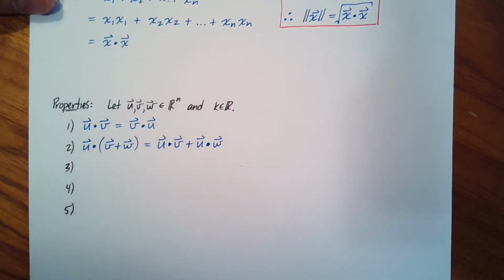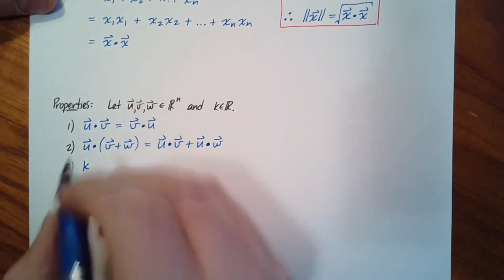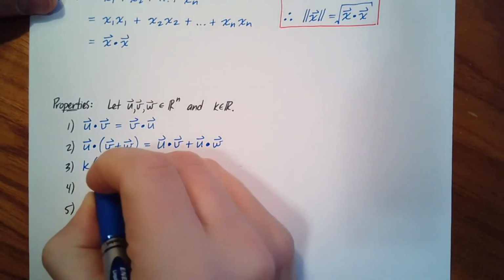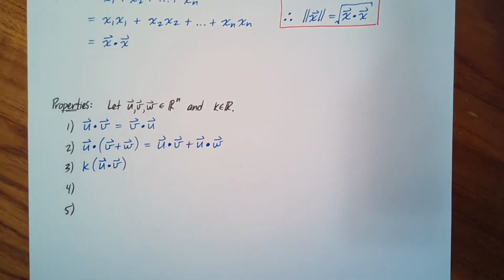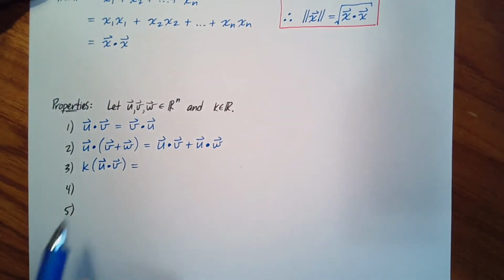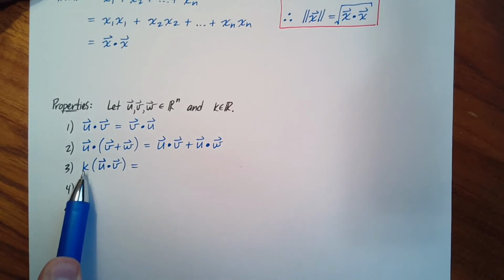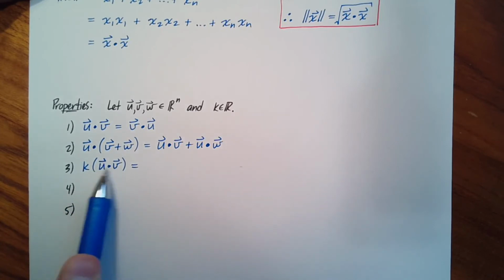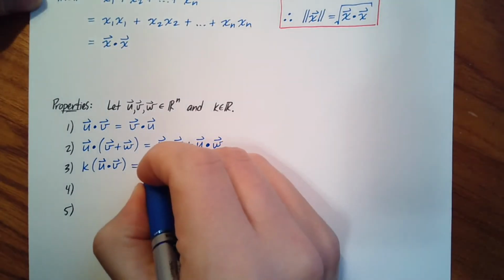The third property says the following: if I take the scalar k and I multiply it by the dot product of u and v, it turns out there are two alternative ways that I can calculate this. Instead of taking the dot product of u and v first and then multiplying the result by k, I can actually take the k and multiply it onto either of the two vectors as a scalar and then take the dot product. So here's what I mean.